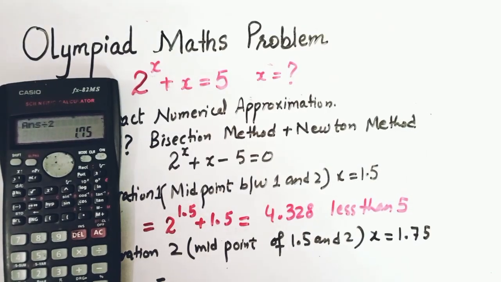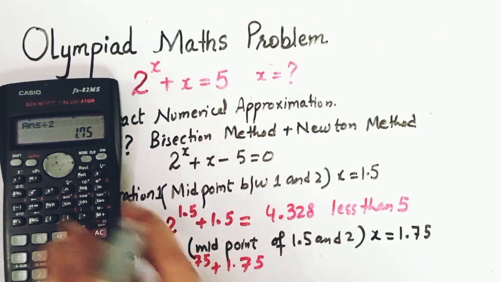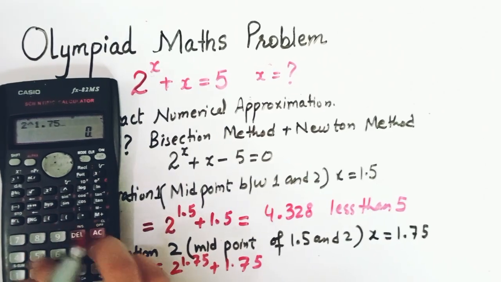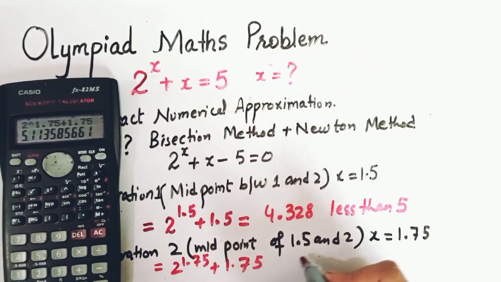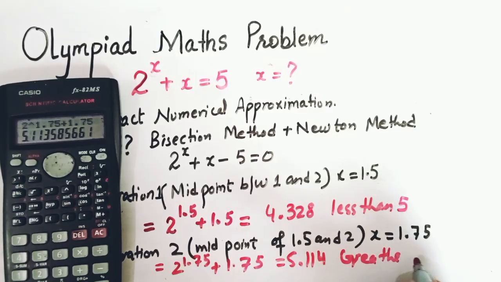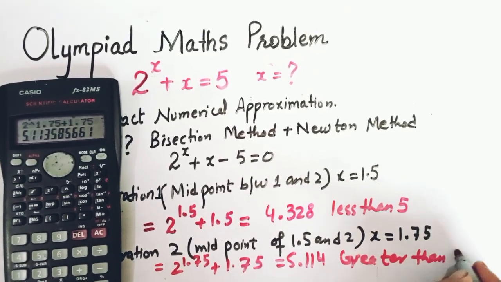So we check 2 raised to power 1.75 plus 1.75. This will equal 5.114, so this is greater than 5.